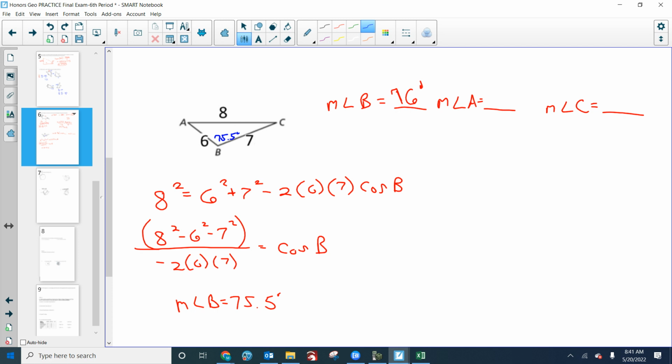Even though I rounded to 76 degrees, when I do the calculations to find A, I'm gonna leave it as accurate as possible, so that rounding issue doesn't affect angle A. All right, it should still be close. So we're gonna do the sine of 75.5 over 8 equals the sine of A over 7.